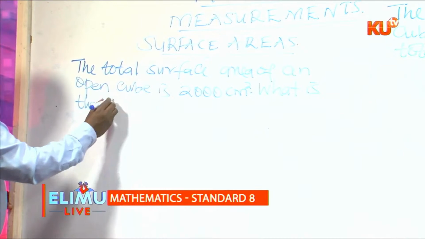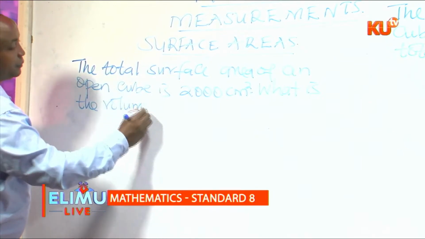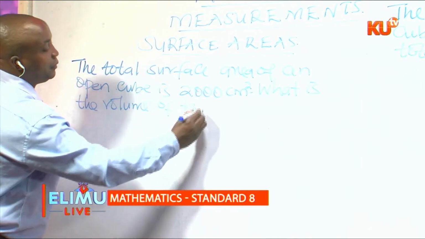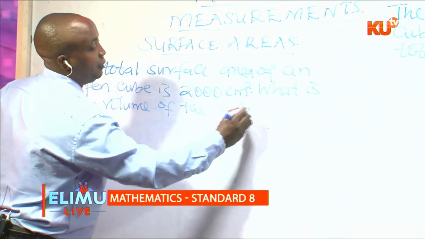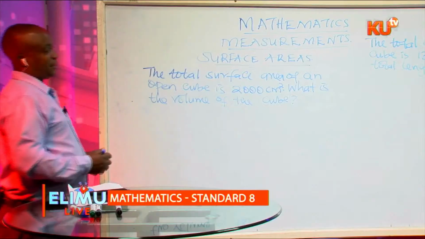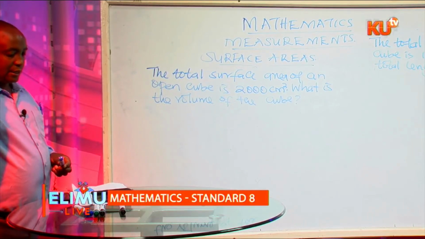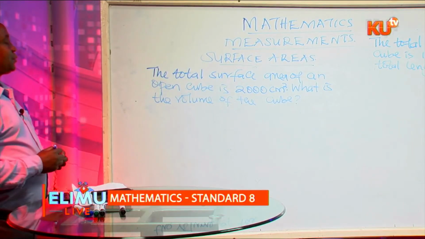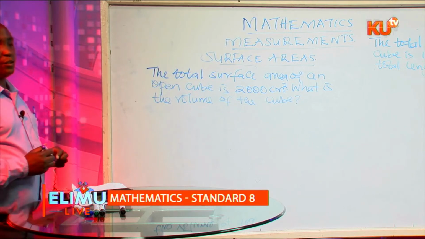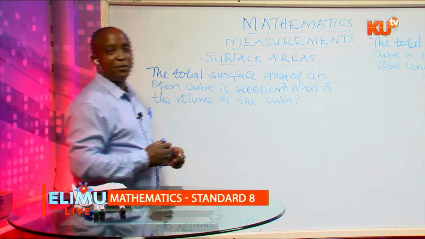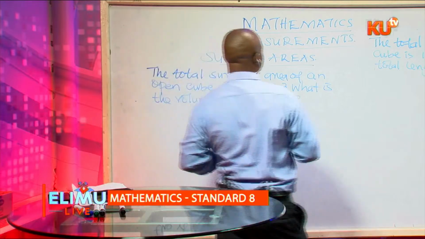What is the volume of the cube? So the total surface area of an open cube is 2,000. Then the question asks, what is the volume of the cube? For you to get the volume, you have to get the length.